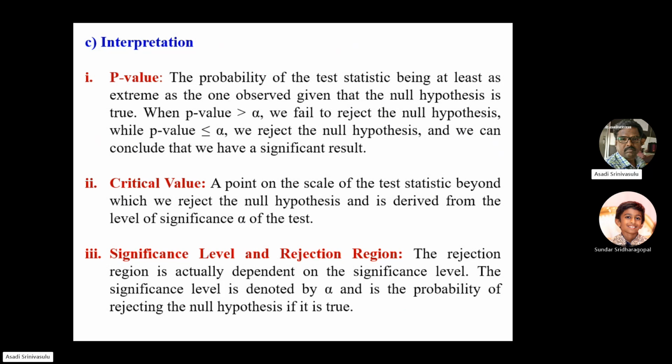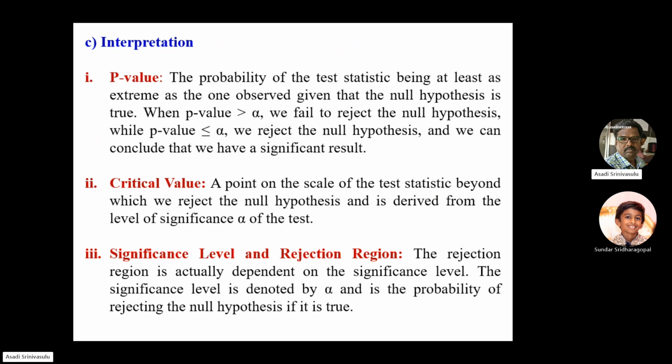When p-value is greater than alpha, we fail to reject the null hypothesis, while when p-value is less than alpha, we reject the null hypothesis and we can conclude that we have significant results. That is called a p-value.